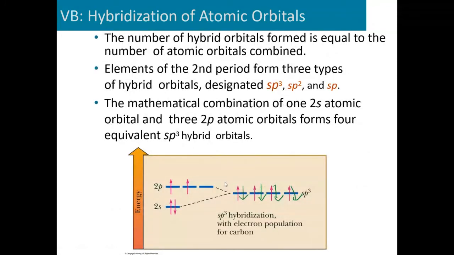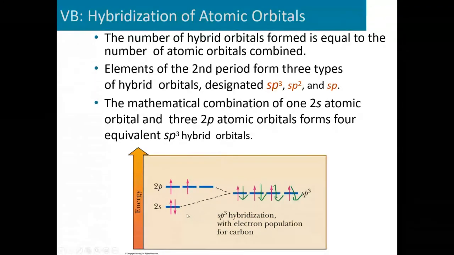Let's talk a little bit about how hybridization actually works. We have in general 3 different types of hybridization: sp3, sp2, and sp. At first, I'm going to talk about sp3 hybridization, where one s orbital and 3 p orbitals are mixed together.